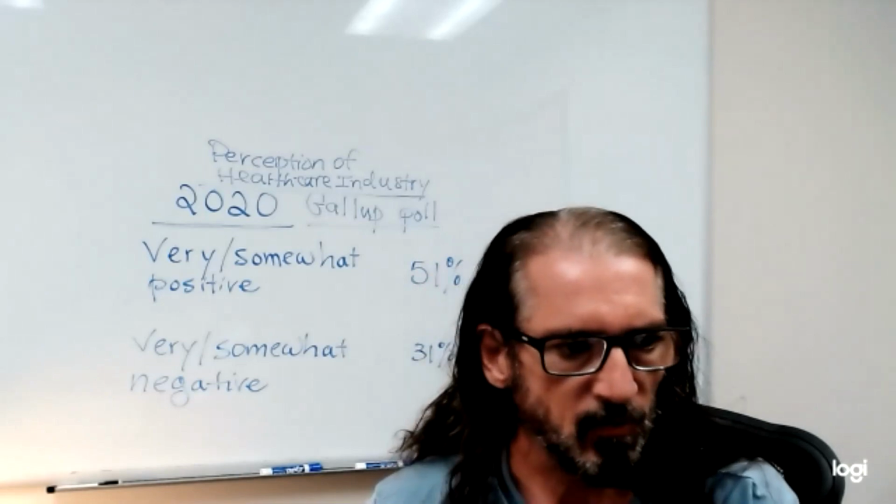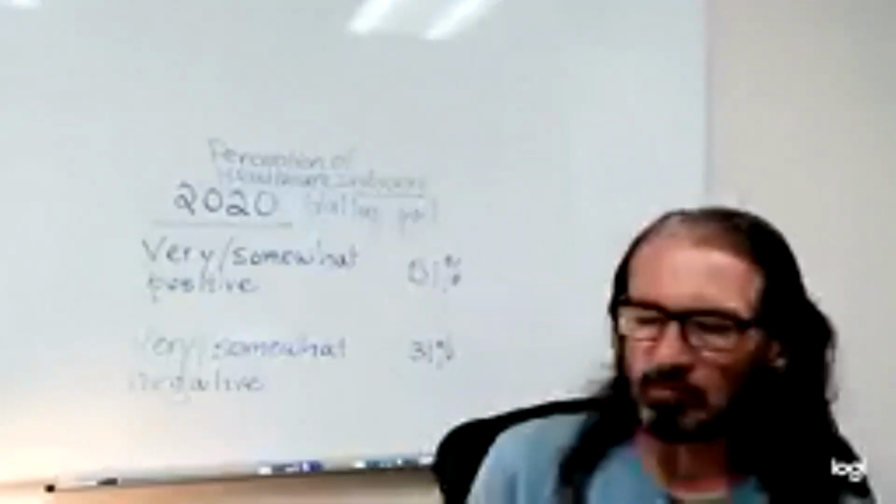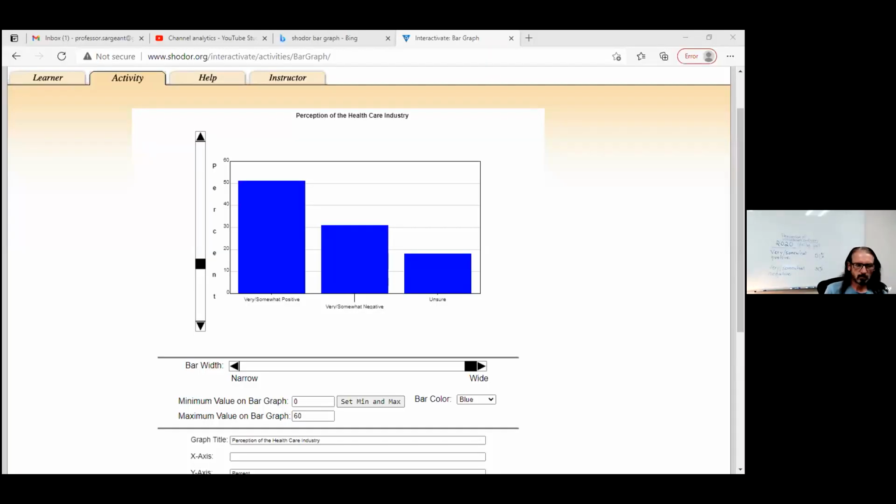And here would be a proper way of expressing this. We've got an overall title, The Perceptions of the Healthcare Industry. We've got the relative frequency or percents along the vertical axis, and our different categories along the horizontal axis.